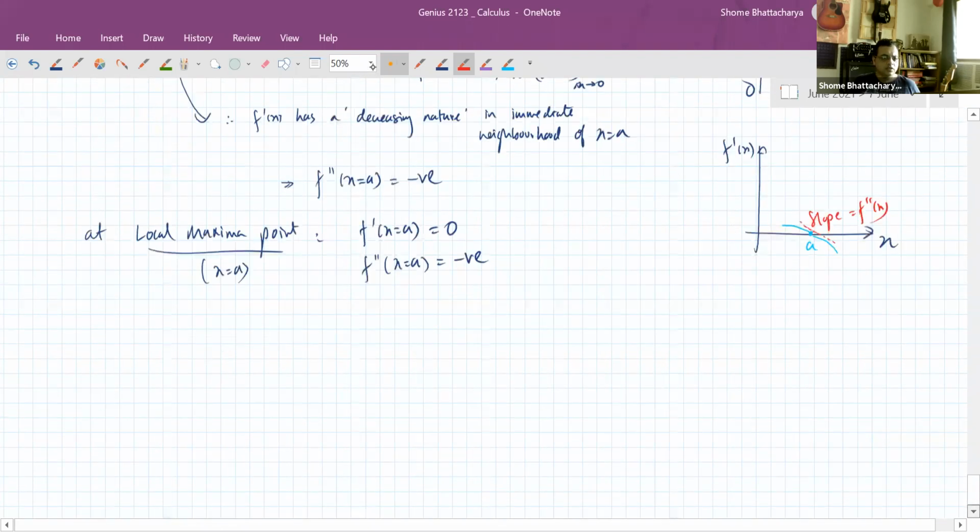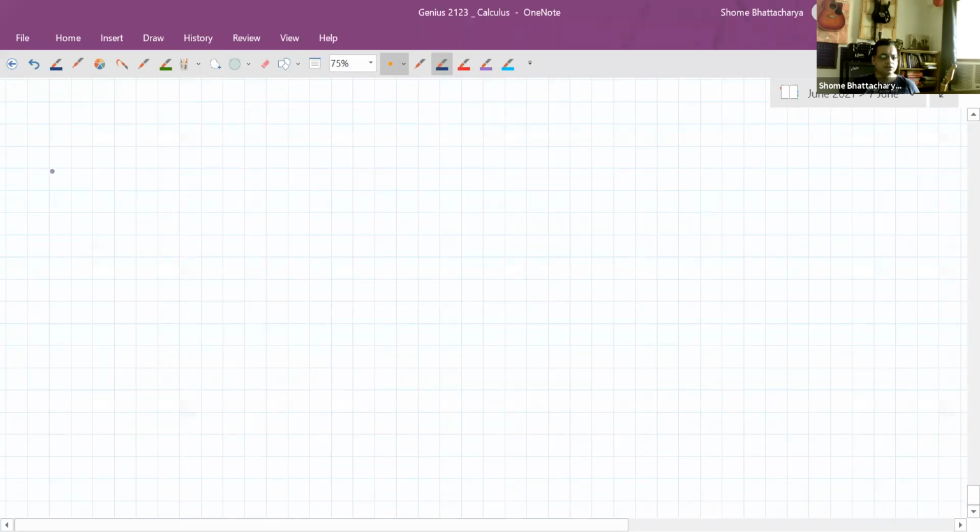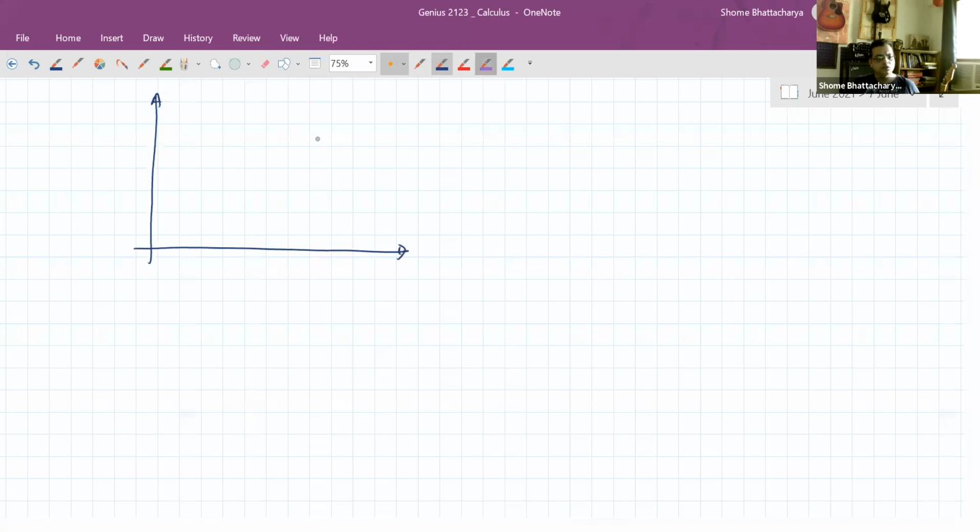Let's first understand the definition of local minima according to this, then we'll come back to this. At a local minima point for a given function, suppose the function is dipping at this point B. We draw a tangent here, and it has slope equal to 0.